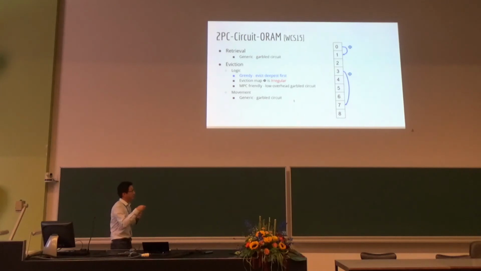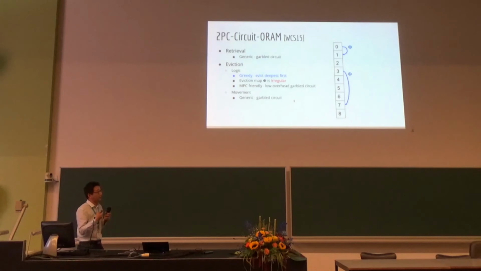And then here we also have eviction paths, which could be different from that data block's tree path. So the deepest level that this data block can go will be the lowest common ancestor tree level for this eviction, for this data block to go.